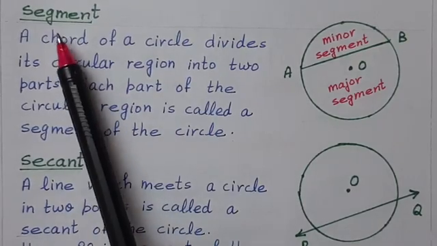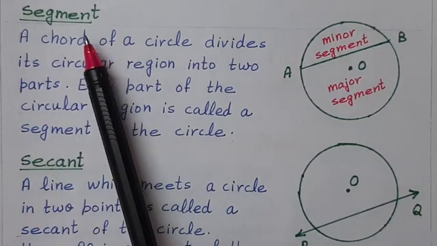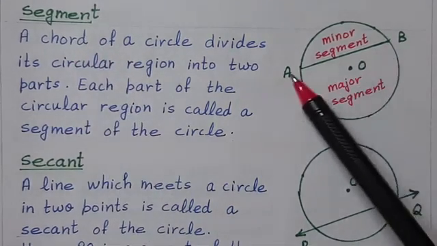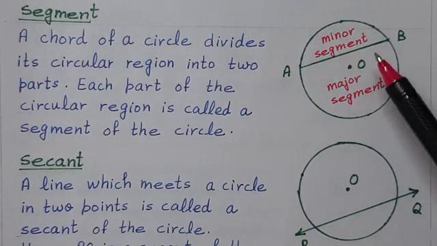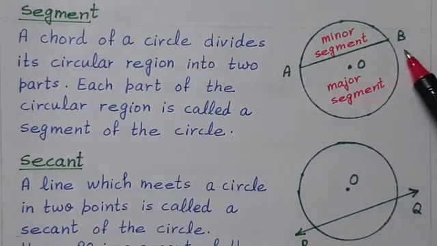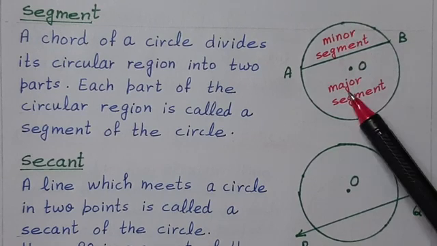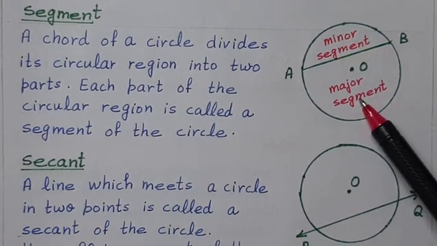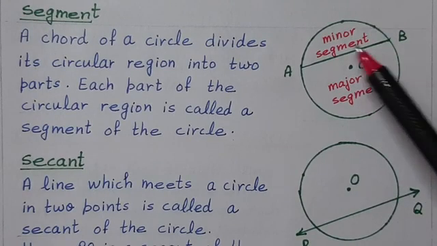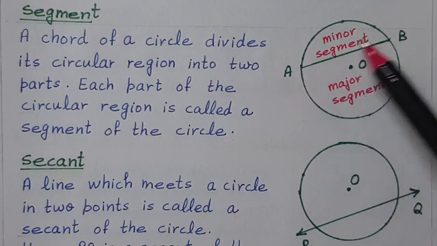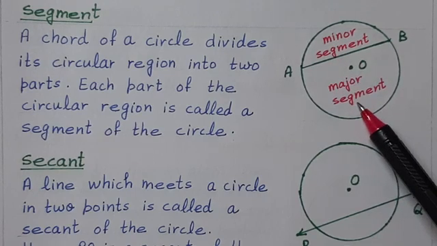Now the next terms are segment and secant. Now let's see what is a segment here. A chord of a circle divides it into 2 equal parts, that means if it is passing through the center of the circle. But if a chord is dividing the circle into 2 unequal parts, then each part is called a segment. Now we can see that this is the minor segment and this is the major segment.